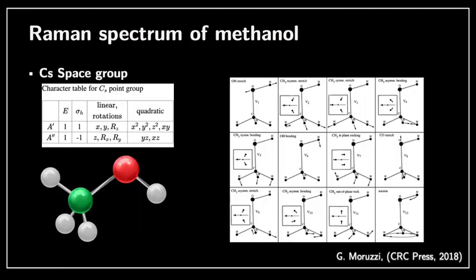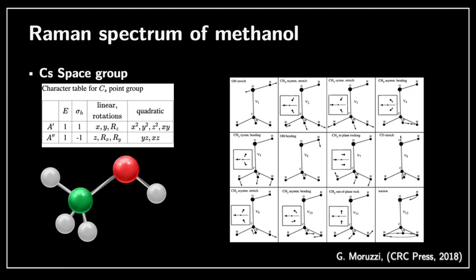So let's have a look at an example, and for that I use methanol. We have oxygen in red, carbon in green, and all the other gray atoms are hydrogen. If you look at the space group symmetry, in fact the point group symmetry, it is a Cs point group. It has a little bit of symmetry, but not much.